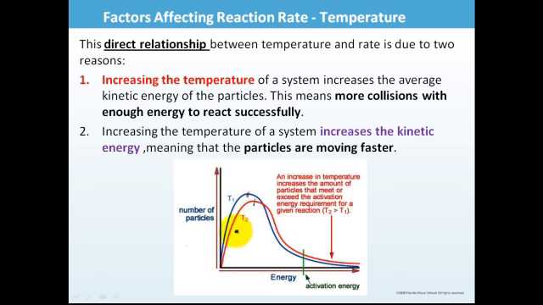So what happens is we have more particles with higher energy, and you can see that the area under the red line is greater than the area under the blue line. So we end up with more particles having sufficient energy to be involved in reactions. Okay? So again, just a graphical representation of what we're talking about here.